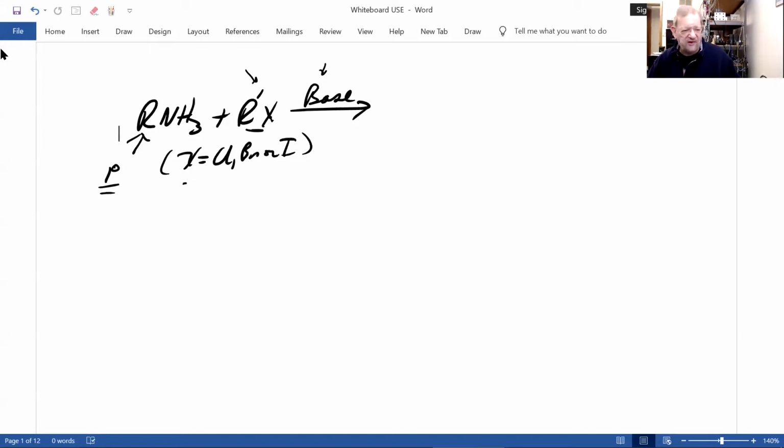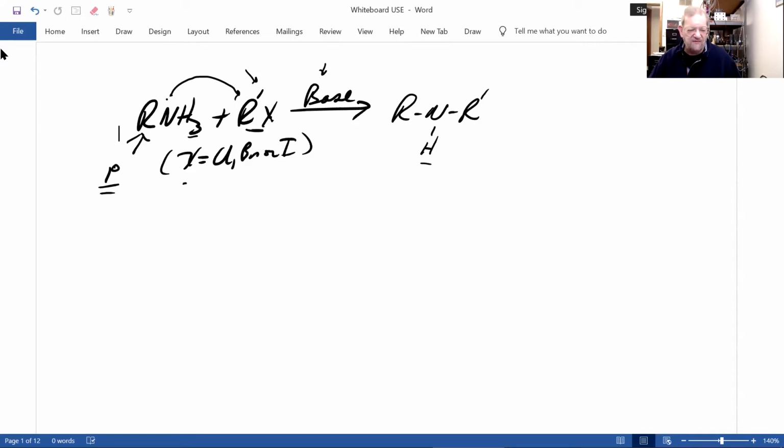What this does is attack the carbon with the halogen. Remember, nitrogen in amines has 3 bonds to it. So I have two, one more, I add a hydrogen, and the base neutralizes.